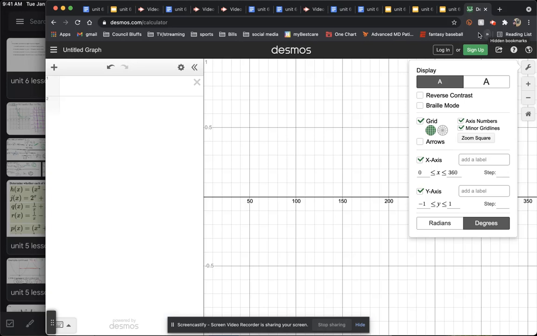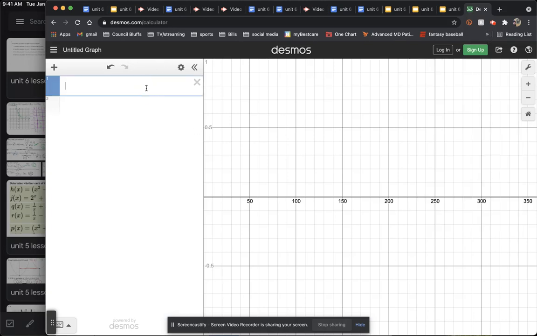So my first point here is going to be at x equals 0. To plot a point, I'm going to do parentheses, and my x value is going to be 0. My y value is going to be cosine of 0.